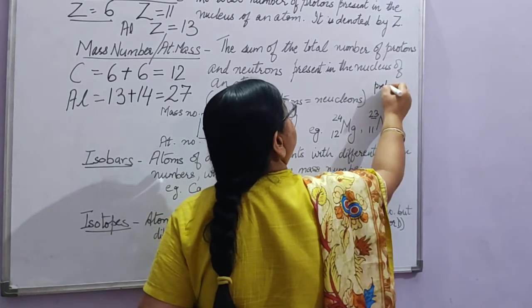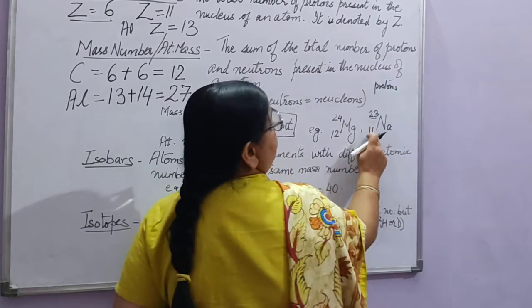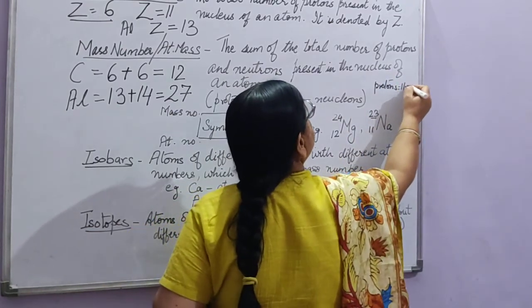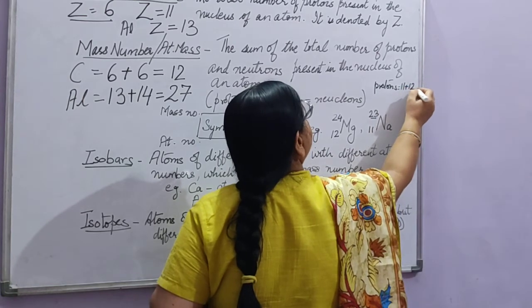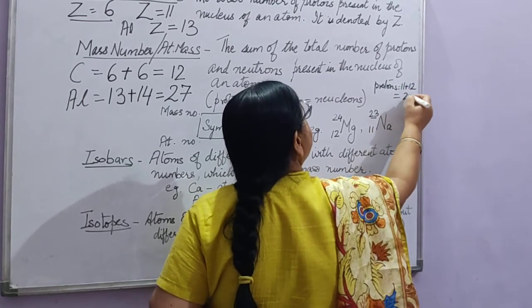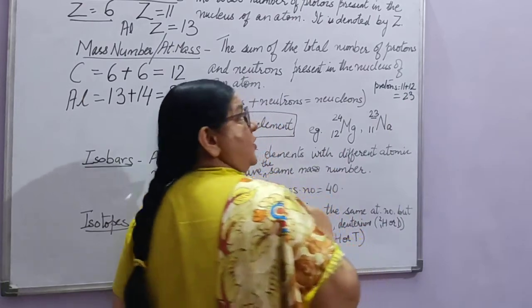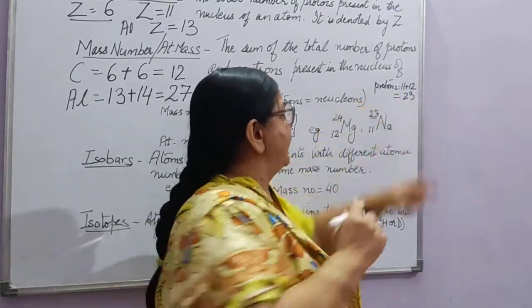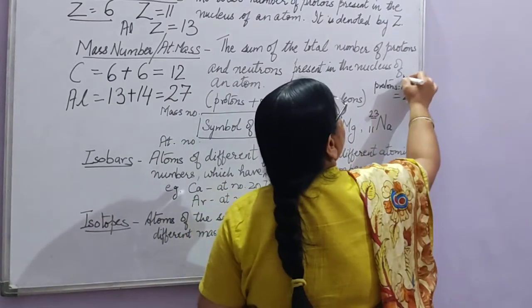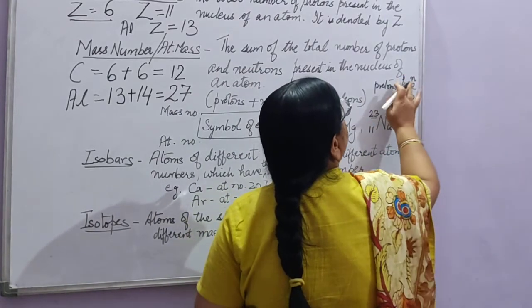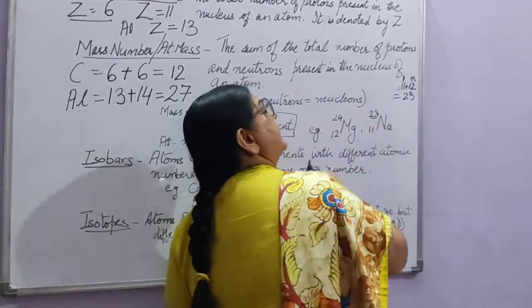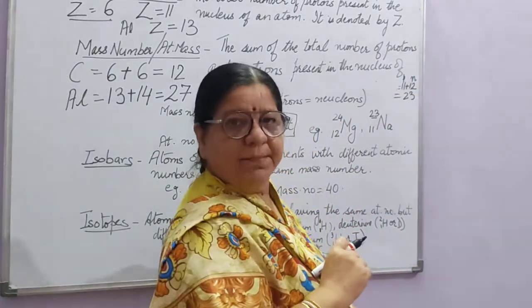Protons will be how many? That will be 11. So 11 plus 12 will give us the mass number, that is 23. The number of protons is 11 and the rest are neutrons. Protons and neutrons will give us the mass number.